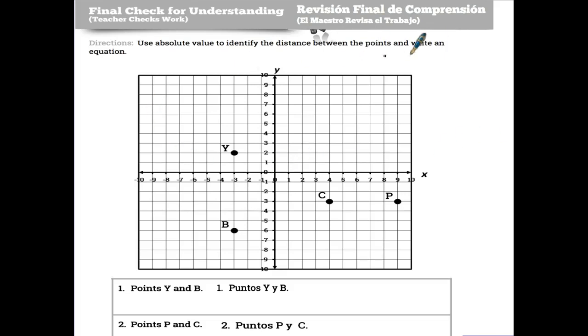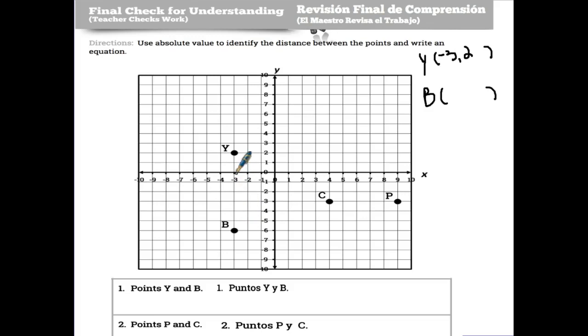Okay, so again, I'm going to start with finding the points for Y, and I'm going to find the points for B. So my x coordinate, see if I can stop saying x-axis. My x coordinate for Y is -3. My y coordinate for Y is 2.